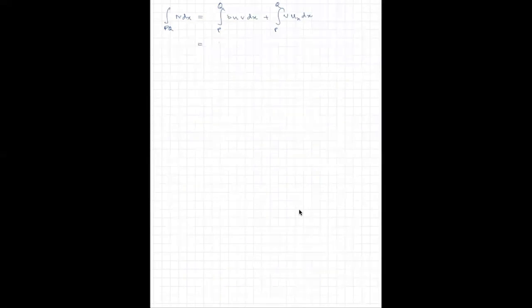This becomes uv from p to q, plus integral over PQ of u (bv minus v_x) dx. Okay, so we have turned things around a little bit, and as you can see, that is what is going to happen. So we have integrated by parts, and yeah, so that's the solution.